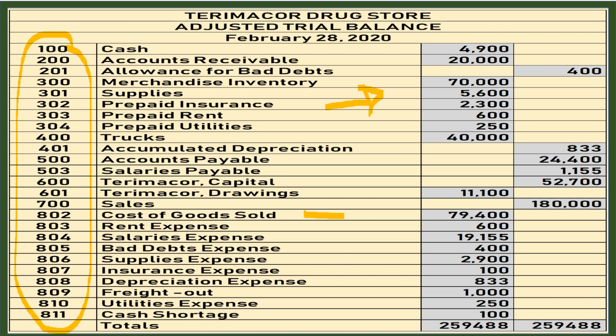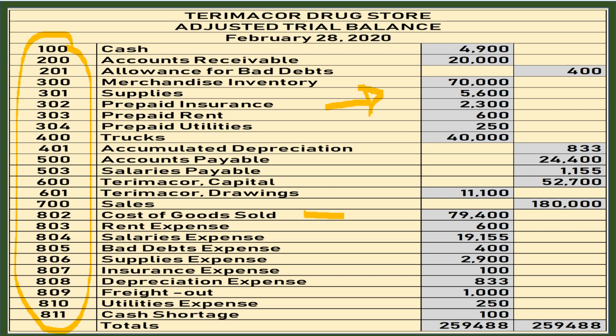This ends our discussion for the second stage of the accounting process, which is the journalizing of internal transactions. We're done with the recording of external transactions. We've now studied the recording of internal transactions, and we're able to come up with the adjusted trial balance.